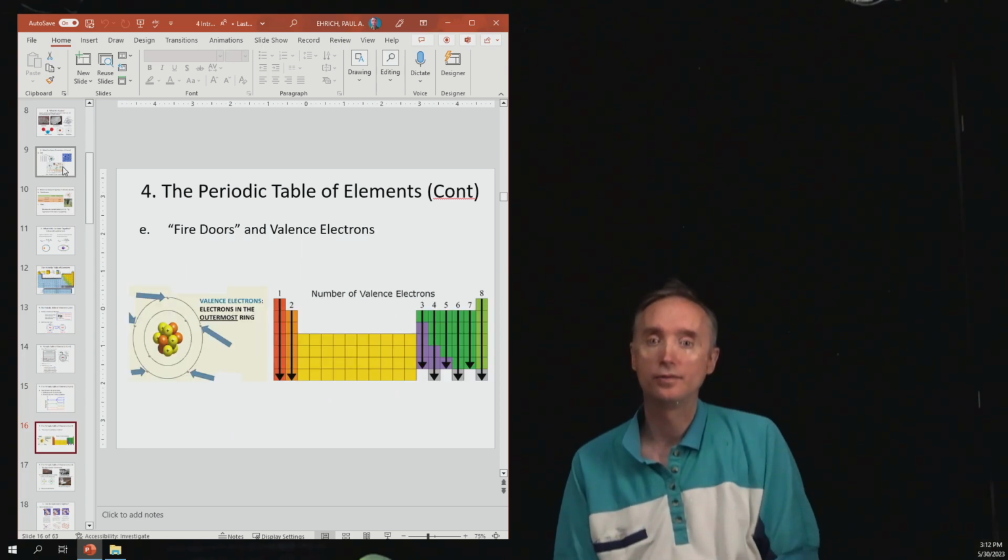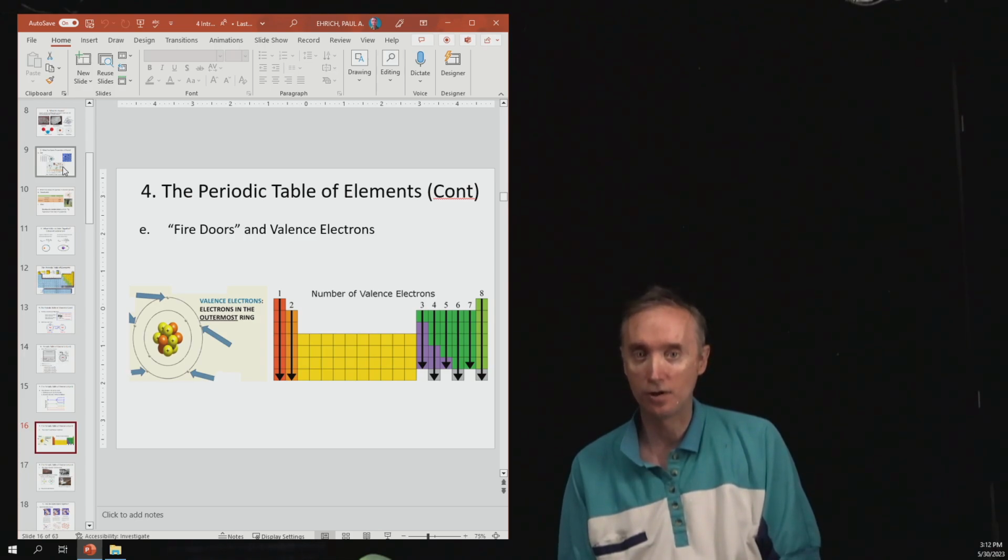And then the next thing, though, is the outermost electrons. The outermost electrons in an atom are called the valence electrons. They're very important because it's the valence electrons that take part in chemical reactions.